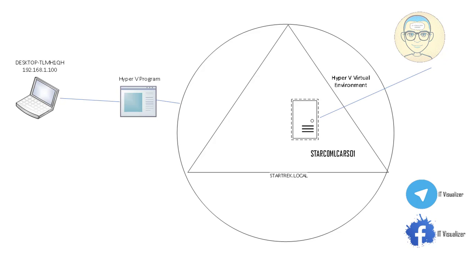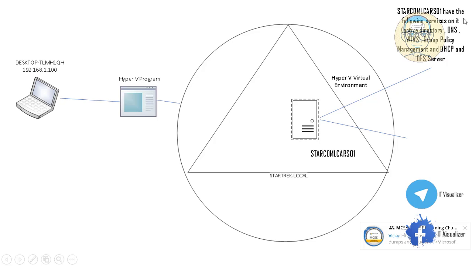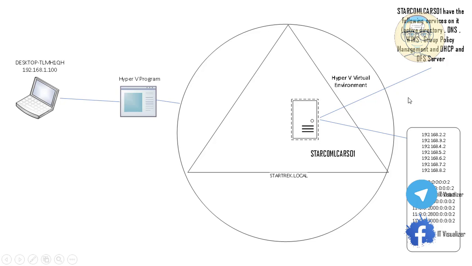This contains the following services: the Active Directory, the DNS, the group policy management, the DHCP, and the file server using the DFS technology. This server contains 8 network cards.